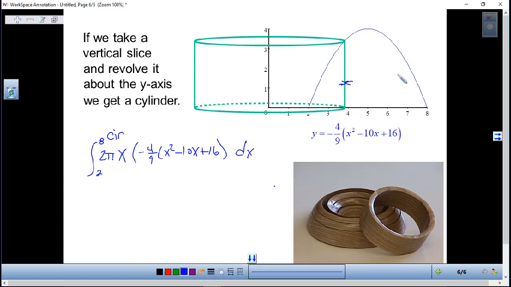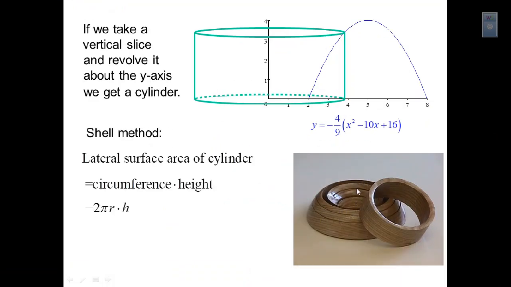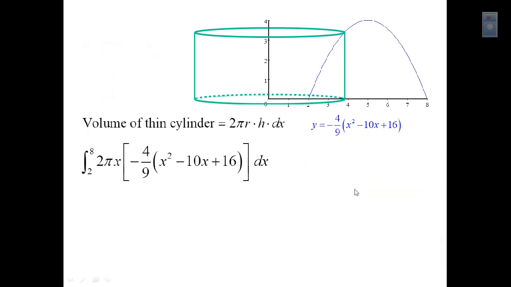We're only integrating this part that's above the x-axis, so we're starting at 2 and integrating to 8. So circumference times height times thickness.